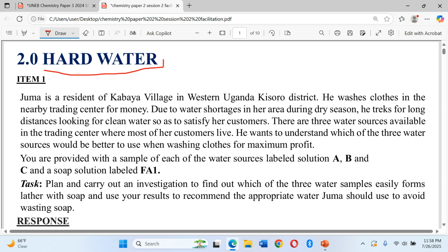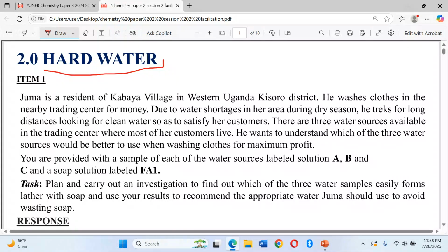When scum is formed, more soap is used in its formation, and it prevents the formation of lather easily, which means wastage of our resources, the money with which we bought the soap.